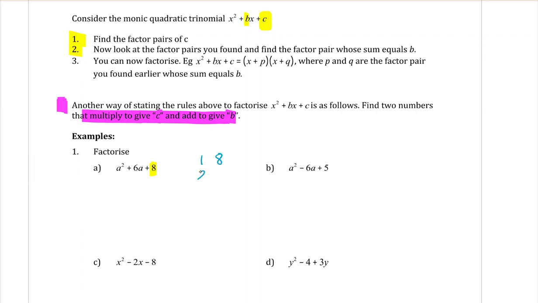You would have 2 and 4. Is there any others? No. Okay, so they're my factor pairs. Now, of those pairs, I need to work out which ones are going to add to give that number, the 6. So 1 and 8 makes 9, so that doesn't work, so I can cross that one out. But 2 and 4 does add to give us 6.